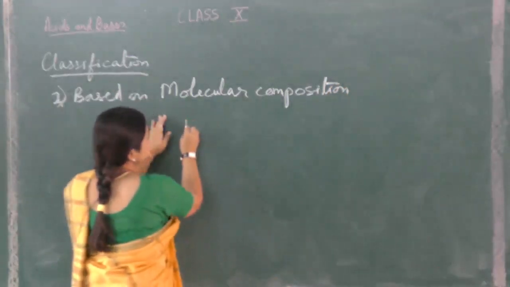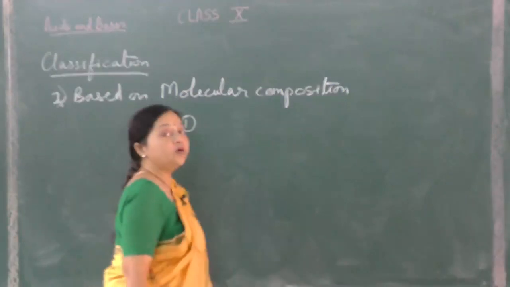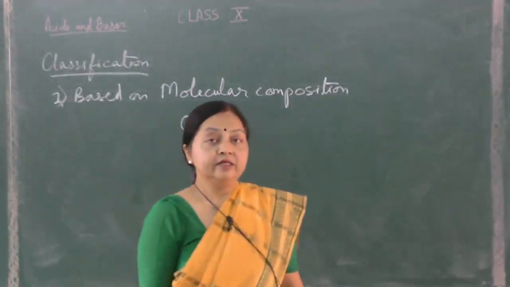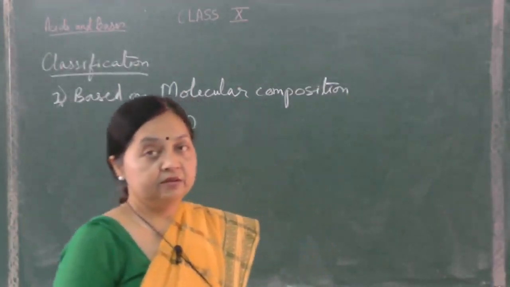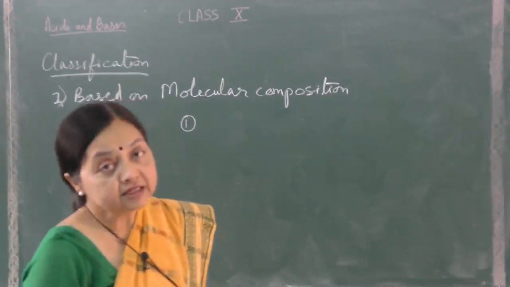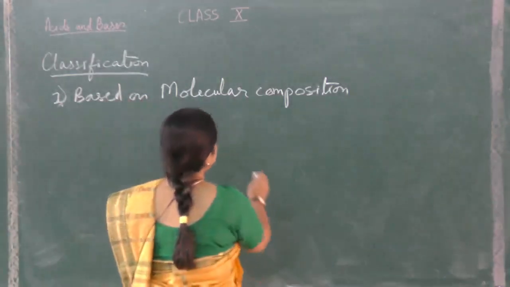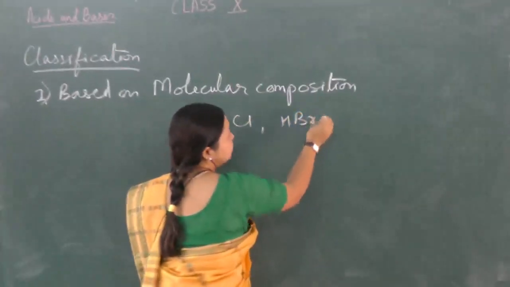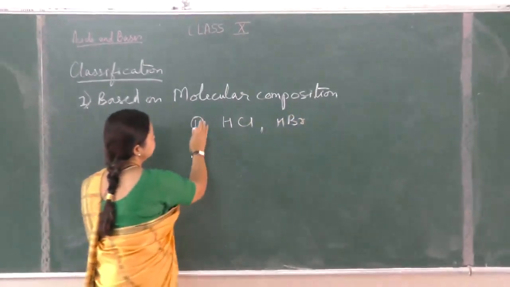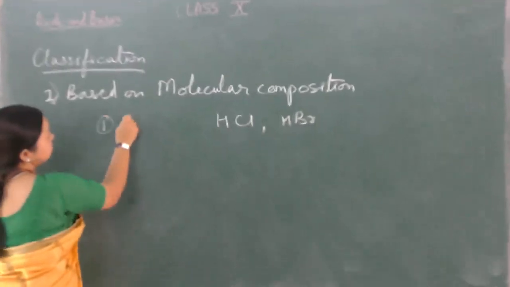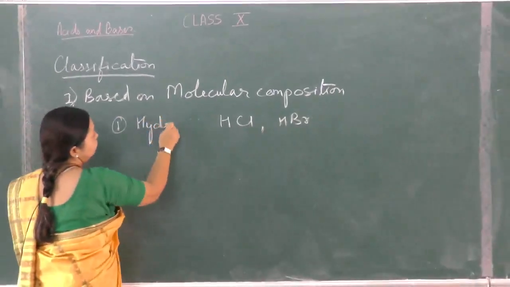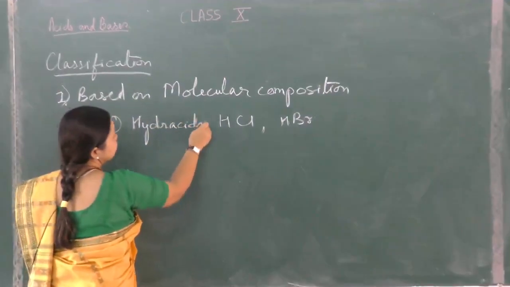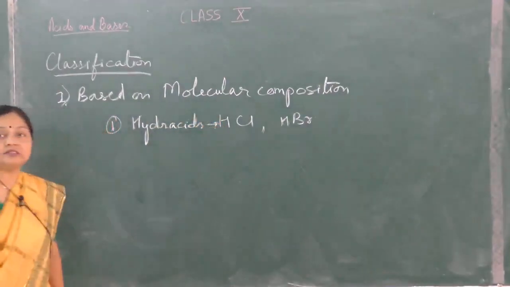If the molecule contains only hydrogen and no oxygen beside the other non-metal, then it is called a hydracid. For example, HCl, HBr. These are called hydracids. Oxygen is not present in it.